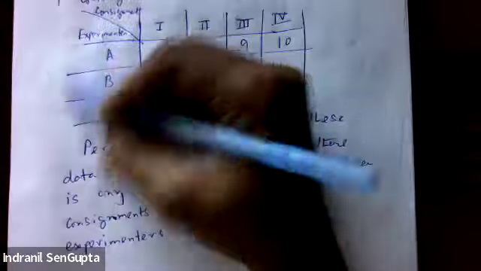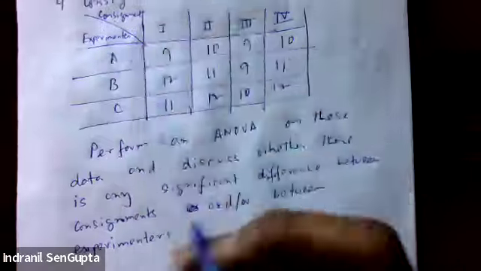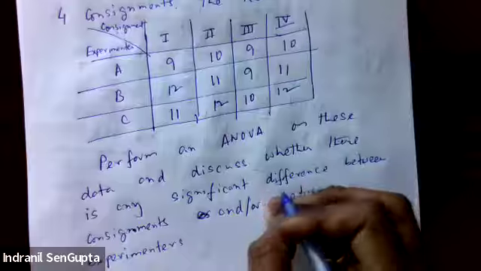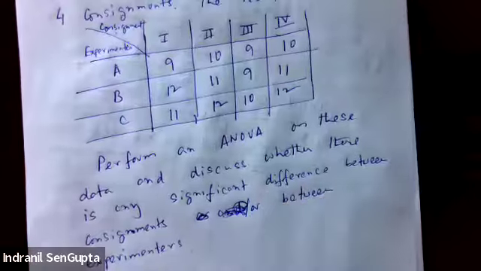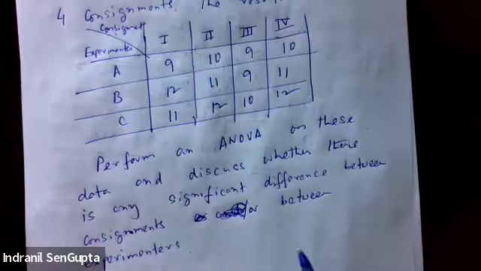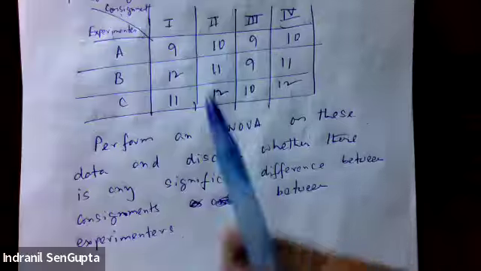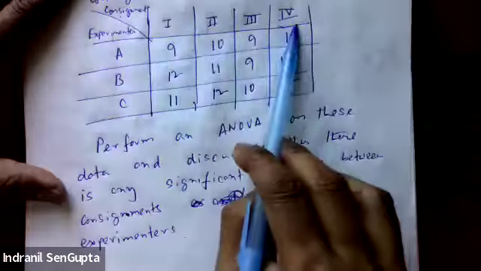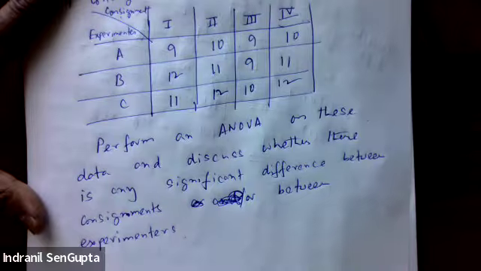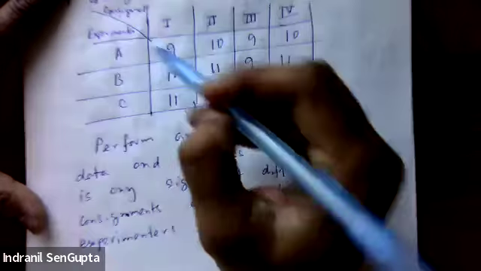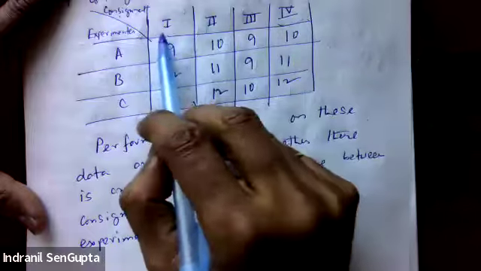Okay. So that means, is there any difference between, it's actually "or" is a better word, because I'm just trying to compare between the experimenters or compare between the consignments. So is there any difference between these 4 products and the average? Or is there any effect of this one?